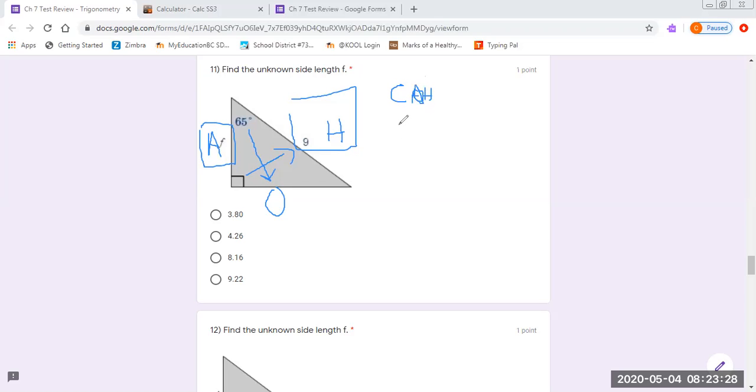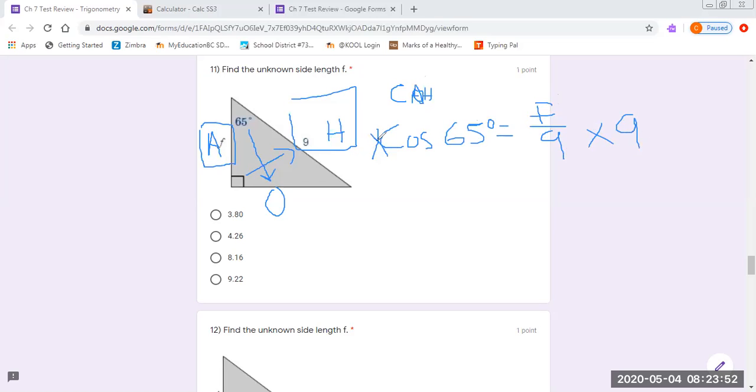And so what we would do is we would put cosine of 65 degrees is equal to, and I'm going to have my adjacent, which I don't know, and I'll call that f, over my hypotenuse, which is 9. Now this one's a fairly easy one because I just simply need to get f by itself.